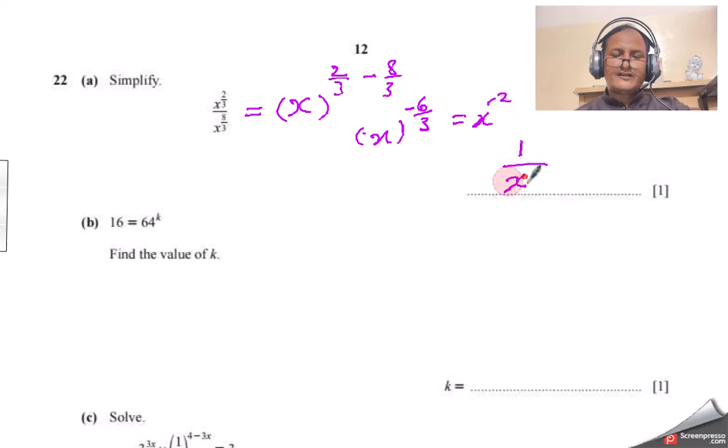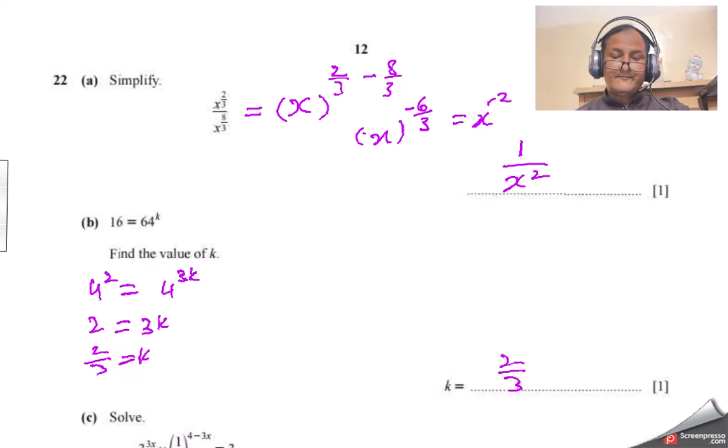Then we write x to the power 2. Here we write 2 equals 4 to the power 3k. When the bases are the same, the exponents are equal, so 2 by 3 equals k.